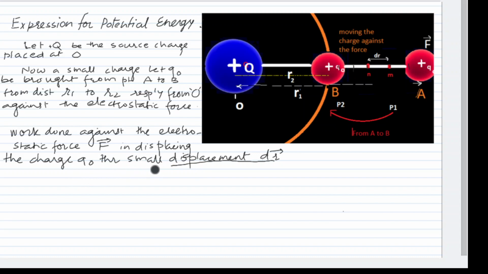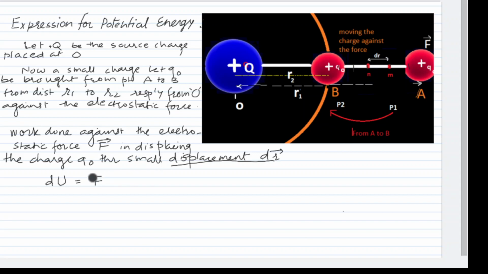So let us consider here the work done when the charge is displacing through the small displacement dr. The work done is small, and that is denoted by dU, and that is equals to force. Which force are we taking?